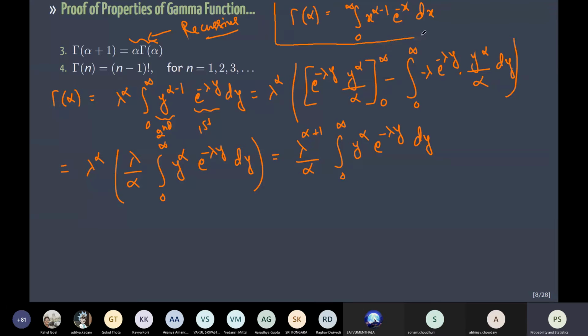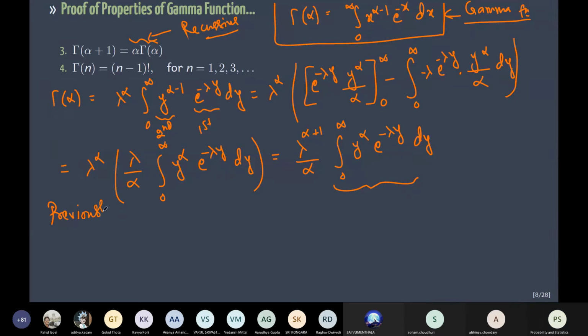So this was the gamma function, and we want to see whether we have something in hand already. Remember that this is in terms of lambda y. It seems we have done some property like this in the previous result.